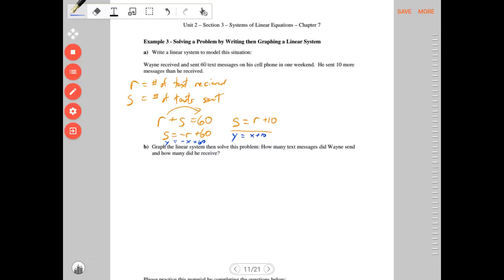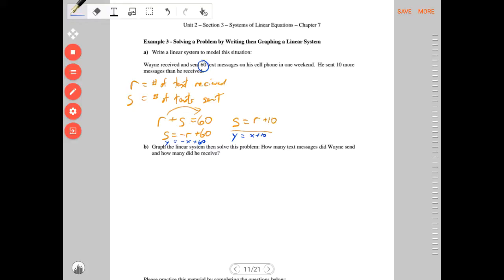Now look, we sent and received 60. So maybe we sent 60 text messages or we maybe received 60 text messages. So really our maximums are going to be 60 on both the X and Y axis.